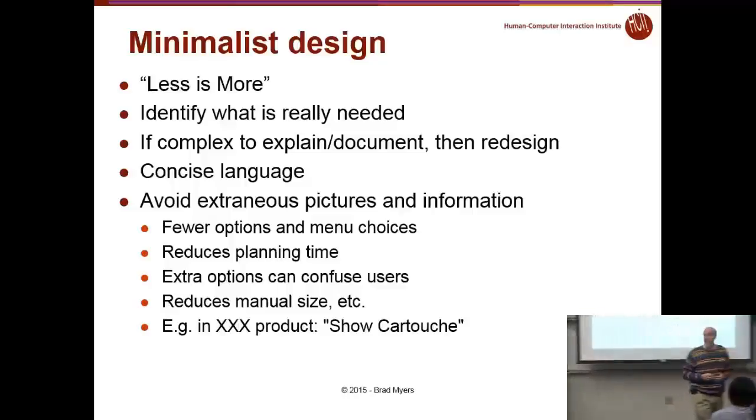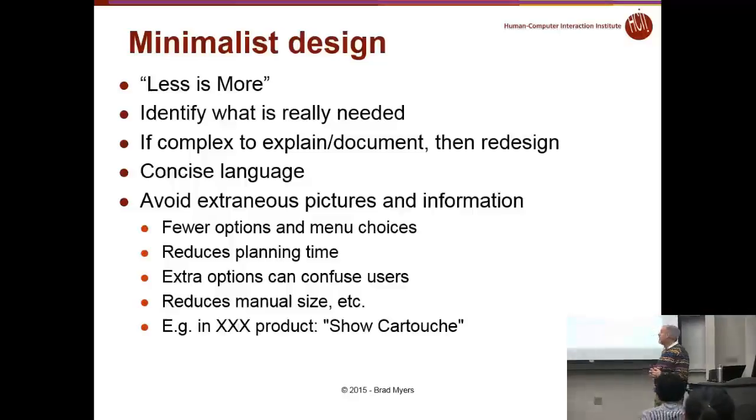So how do you do that? Well, identify what's really needed, what you really want people to deal with. I've often been consulting for companies that would say, oh, well, that's kind of complicated. We'll just make sure the manual makes it clear, or we'll have some help text to make it clear, and that just never works.